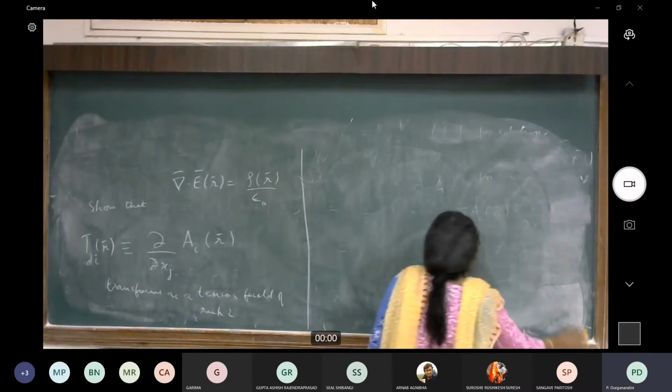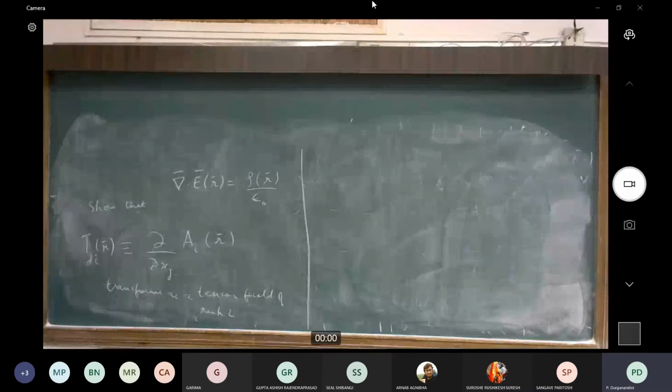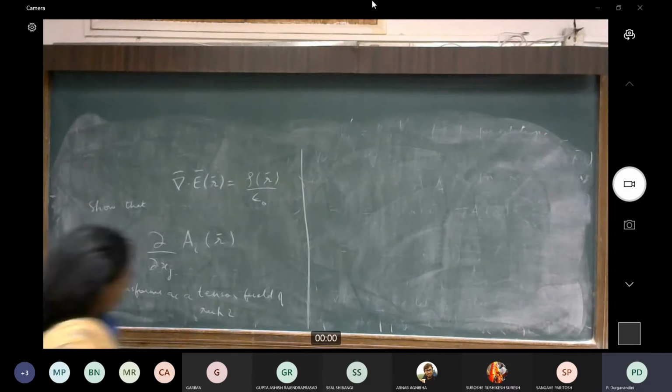We'll construct the object a little later. Before I get into physical applications, let me do one more thing.